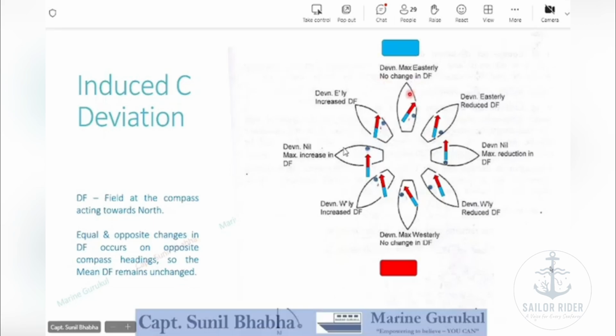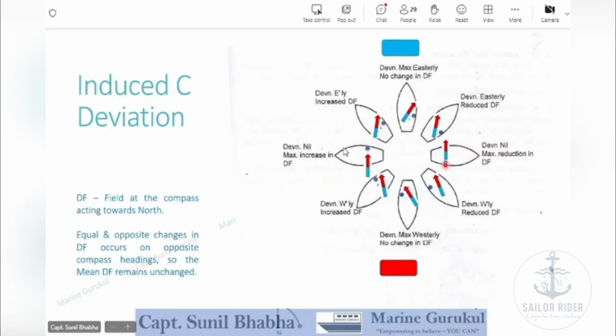Now, let's assume the ship on an easterly heading. With the vessel on an easterly heading, this blue pole now comes exactly south of the compass needle. The blue pole is exactly south of the compass needle.